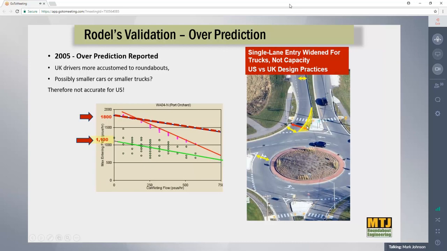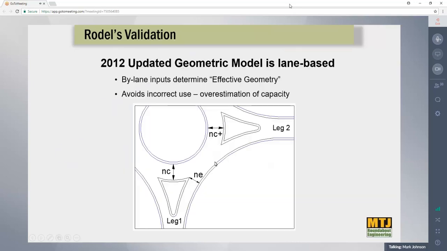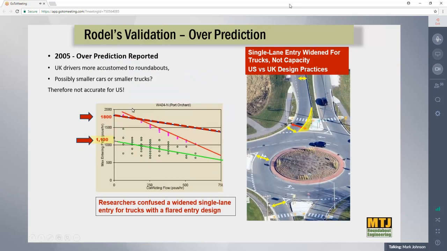But what we find is they misused the program, and they put in actually a width for a flared two-lane entry. Let me just go back and show this real quick. They reported 1,800 vehicles capacity, and they put in essentially a 20-foot width, and that was just for trucks.